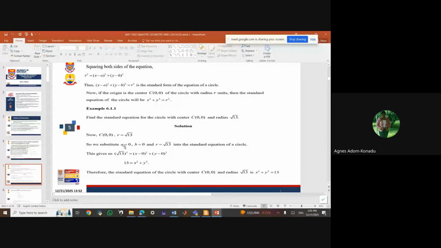We substitute a equal to 0, b equal to 0, and r equal to square root of 13 into the standard equation of a circle. Therefore, the standard equation of the circle with center 0, 0 and radius square root of 13 is x squared plus y squared is equal to 13.